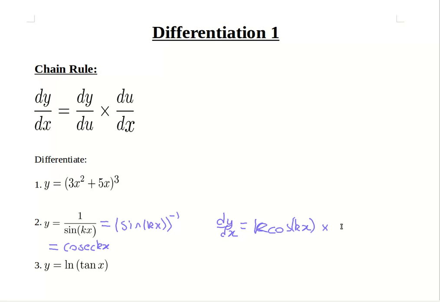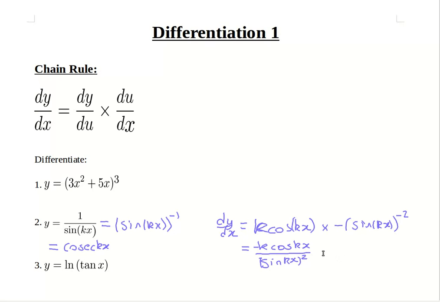And that would differentiate to a minus the stuff to the -2. And so we're going to end up with, I'll try and write it down a bit neater now, k cos kx over sine kx all squared, and we need a minus in there, which I'll put at the start.